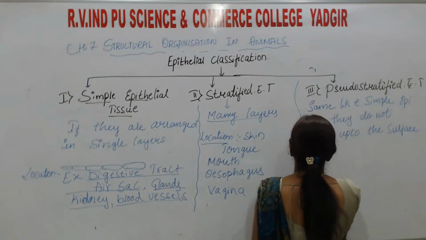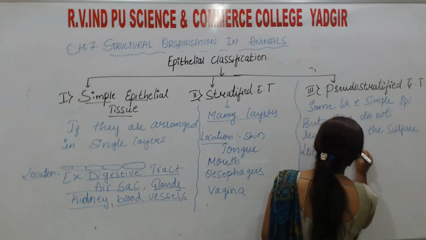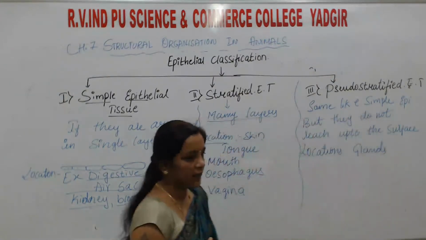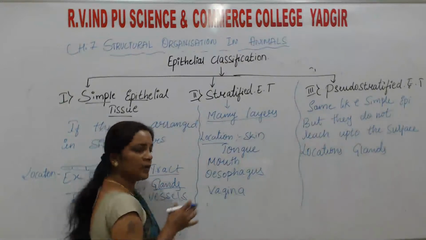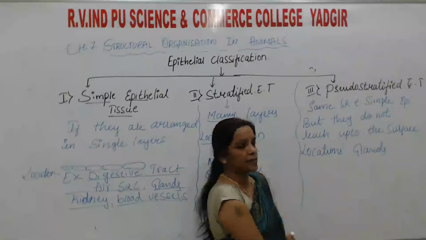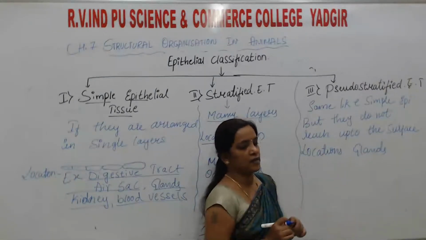Some glands are there. We can see the locations. In the next class I'll show you the diagrams. Pseudo stratified means similar to simple epithelium. Single layer is present. The thing is, they are not reaching up to the surface.